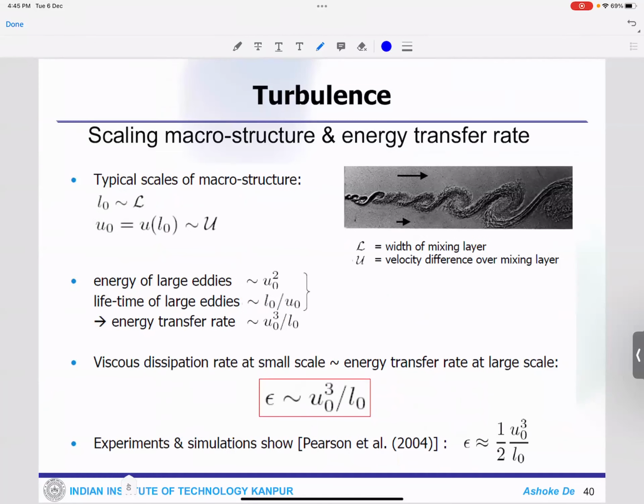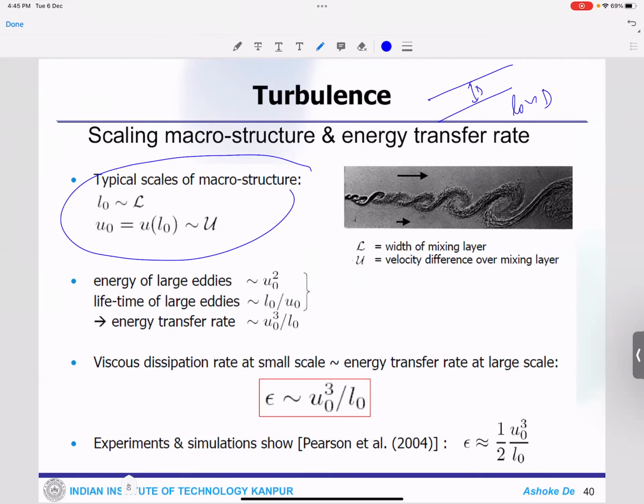Now, how do we scale it? That is a very important aspect, because the scaling of the macro structure and the energy transfer rate are important. Typically, as I have said already, the macro structure is of the order of the characteristic length. If I have a flow through a pipe, then this length would be of the order of the pipe diameter.